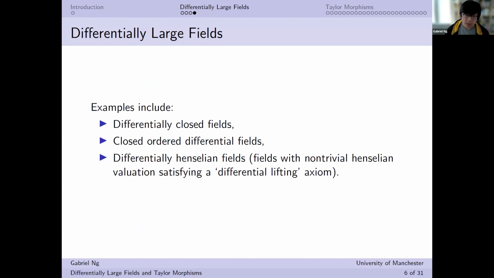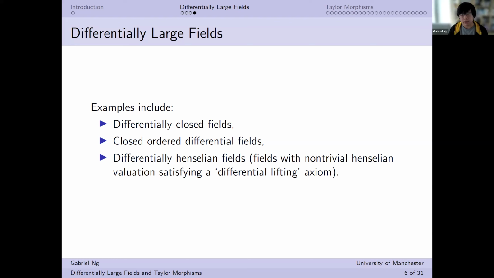Okay. And examples of these differentially large fields include the analogs of the classes of fields we saw before. So differentially closed fields are the analog of algebraically closed fields. Closed ordered differential fields are the analog of real closed fields.